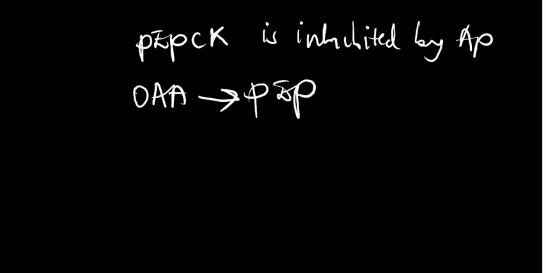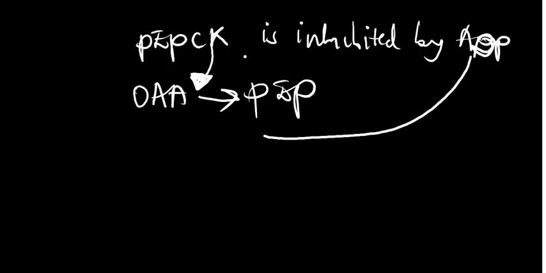So this is an inhibitor. This enzyme is the one that's driving the reaction from OAA to phosphoenolpyruvate. What they're saying is that ADP inhibits this whole reaction, causing it to go slower.